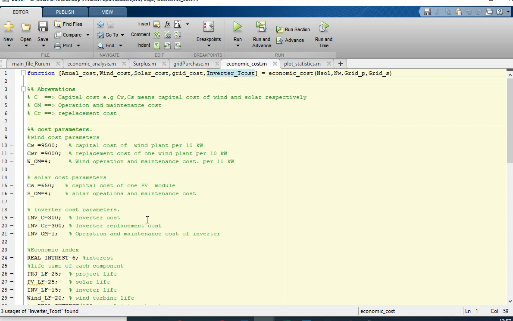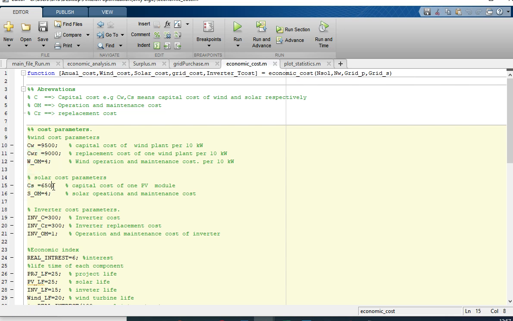inverter cost. So here are some cost parameters. It's the capital cost of the wind plant per wind turbine, or per 10 kilowatt, because the size of each wind turbine is 10 kilowatt. It's the replacement cost, and here it is the operation and maintenance cost.